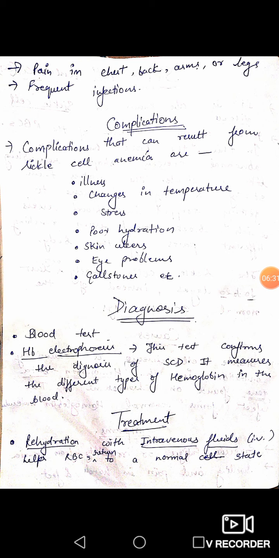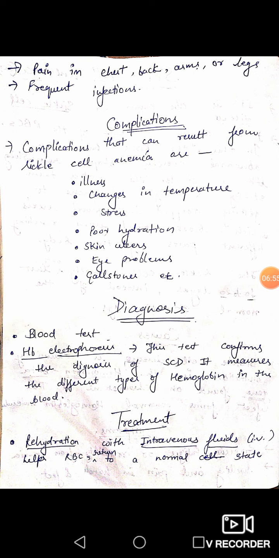The next test is HB electrophoresis, meaning hemoglobin electrophoresis. This test confirms the diagnosis of SCD. If we cannot confirm sickle cell disease with the normal blood test, then we perform hemoglobin electrophoresis.